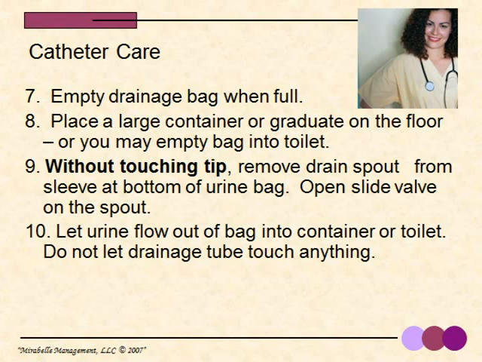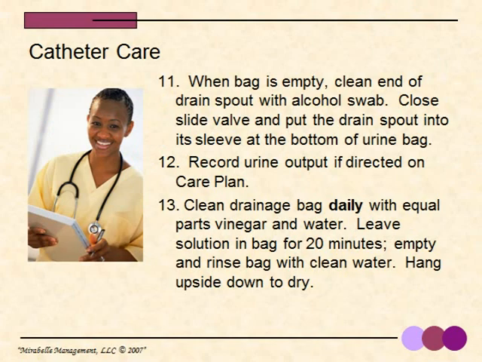Let the urine flow out of the bag into the container or the toilet, but do not let the drainage tube touch anything. When the bag is empty, clean the end of the drain spout with an alcohol swab. Then close the slide valve and put the drain spout into its sleeve at the bottom of the urine bag. If you're asked to record the output, do that as directed on the care plan.